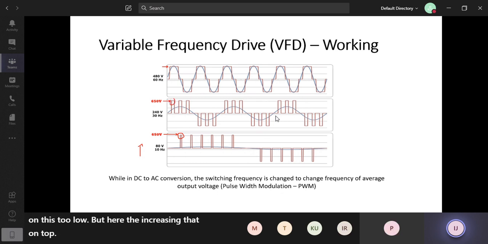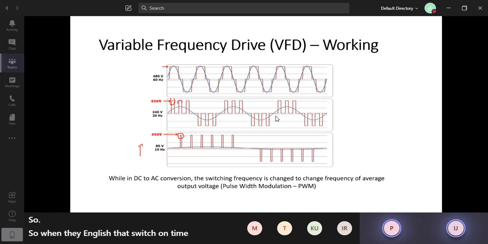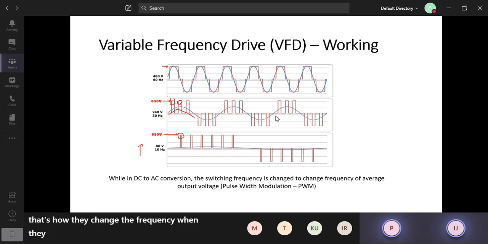When they increase that switch on time, the average voltage waveform is increasing, so frequency is increasing. When they increase the on time further, again the average voltage waveform is increasing. That's how they change the frequency. When they change the frequency, the speed of the motor is going to increase. That's what we discussed in the earlier slides.